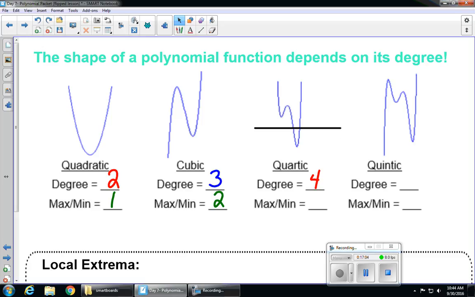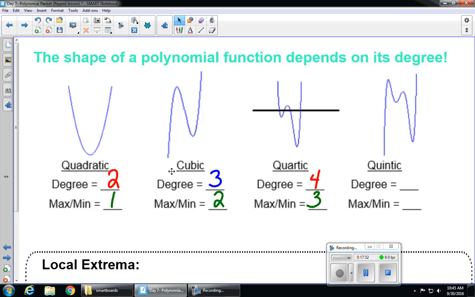If I move it up here, it would touch it twice. If I keep going, this would be 3 times or 4 times. So these are all different possibilities for a quartic polynomial. It can have up to 4 real roots or real x-intercepts. And if we take a look at our max and mins, or our turning points, this time we have 3 of them.